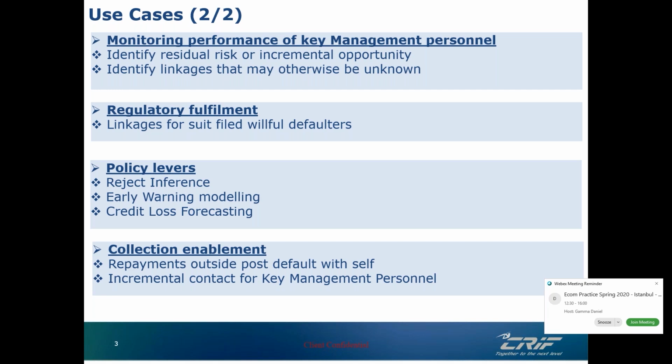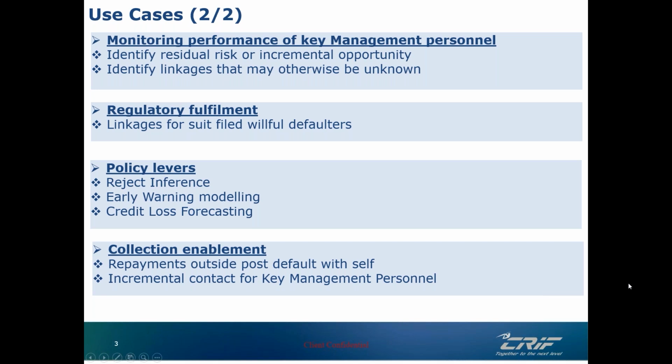The challenge that you may think will arise is essentially how do I identify the key management personnel? I identify the key management personnel through two or three different ways. You may have reported as part of your commercial credit bureau submission co-applicants or guarantors on every credit facility.